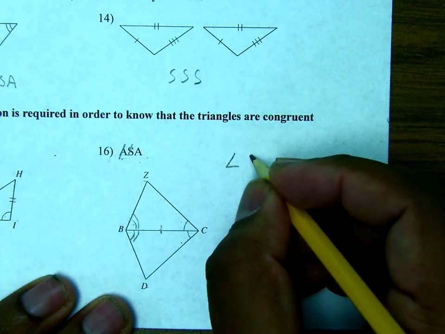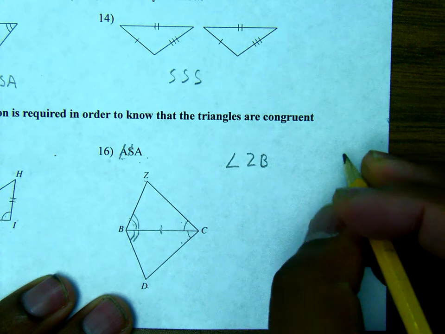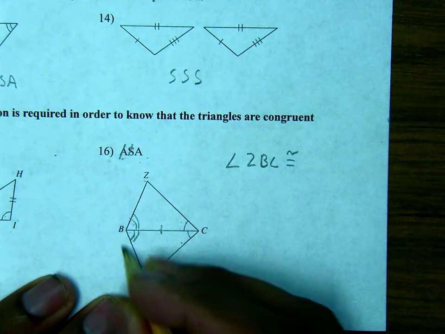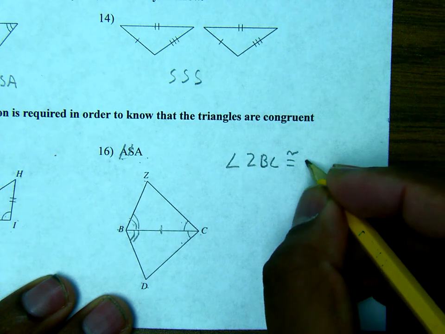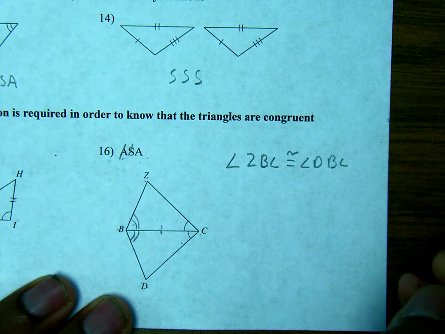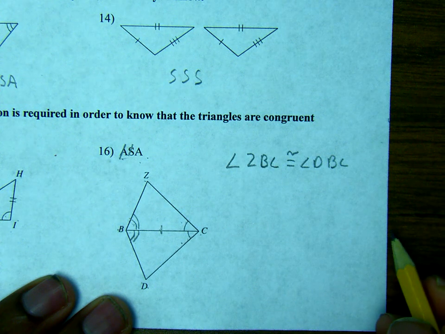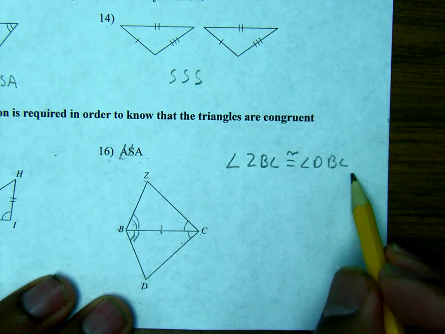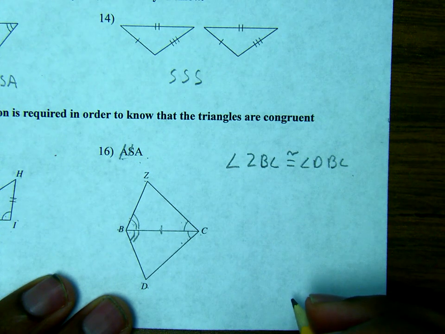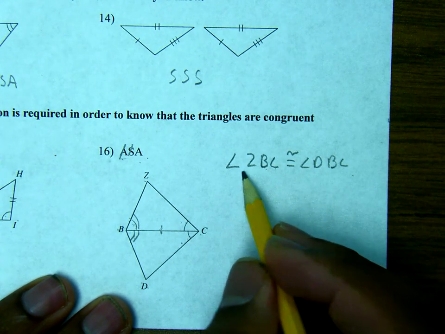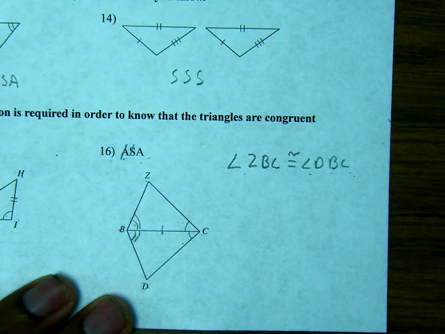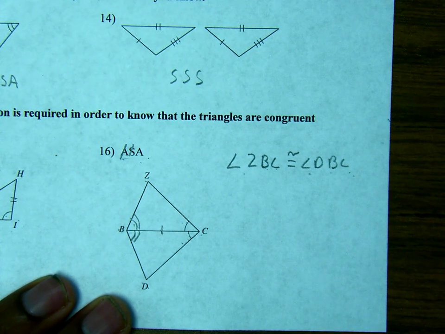So I would say angle ZBC is congruent to angle DBC. That's how you would name it, with 3 letters instead of just 1. It could also be named in reverse, CBZ or CBD. So be aware of that in case you have a multiple choice question.